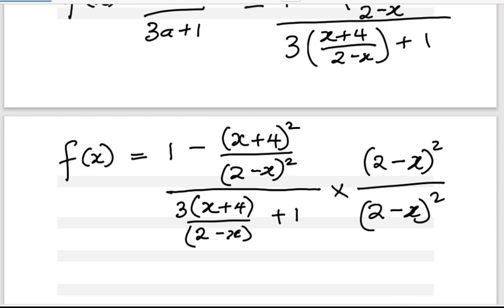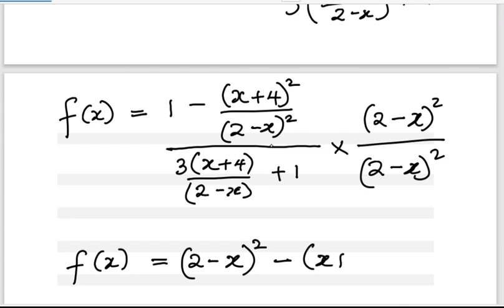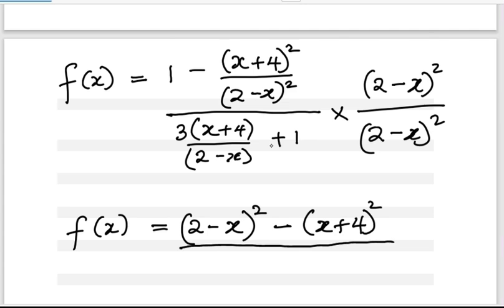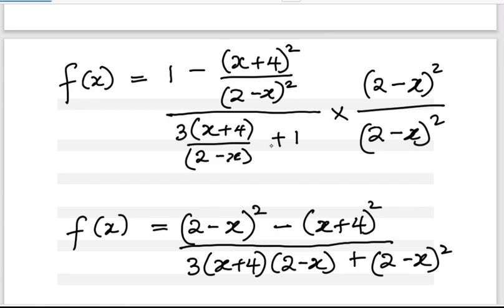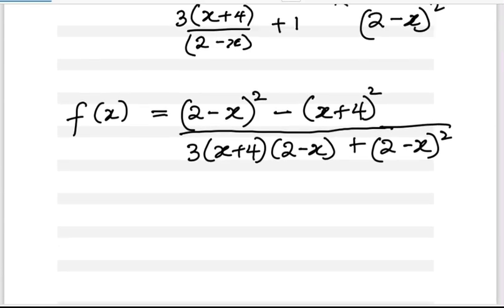So if we do this, we'll have that f of x is simply 2 minus x squared minus x plus 4 squared, all over 3 times x plus 4 times 2 minus x, plus 2 minus x all squared. At this point, what we need to do is just simplify this out.